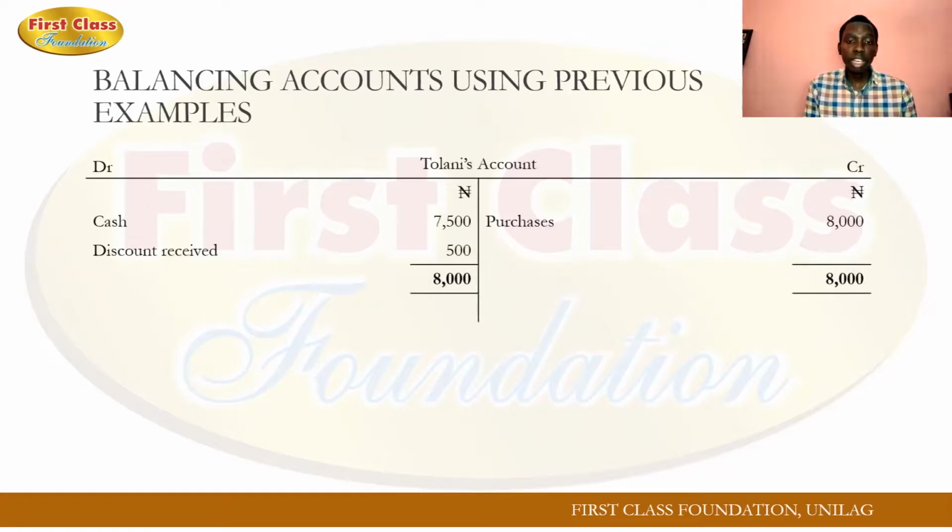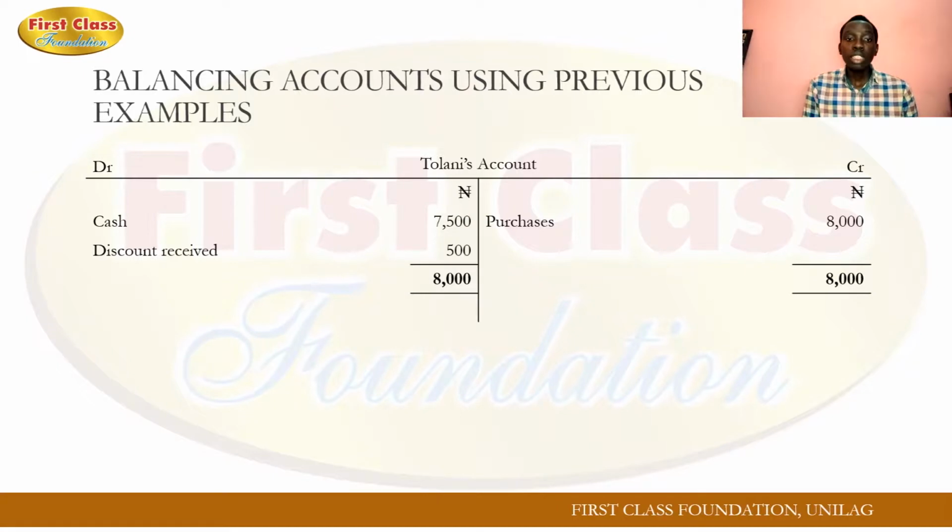In Tolani's account, there was a credit purchase of 8,000. Remember I said that where there is a transaction in cash, a purchase or sale in cash, we don't keep the name of that person, and that's why the cash purchase made from Tolani is not showing in our account at all.